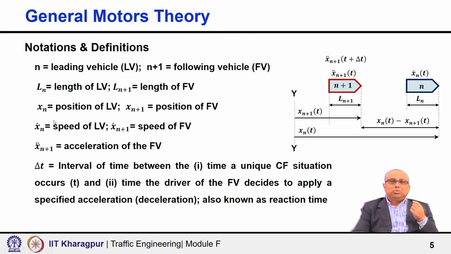Importantly, xn is the position of the lead vehicle, xn plus 1 is the position of the following vehicle, x dot n is the speed of the lead vehicle, x dot n plus 1 the speed of the following vehicle, x double dot is the acceleration of the following vehicle, and delta t is the response time.